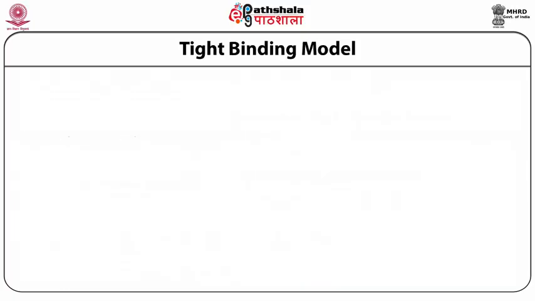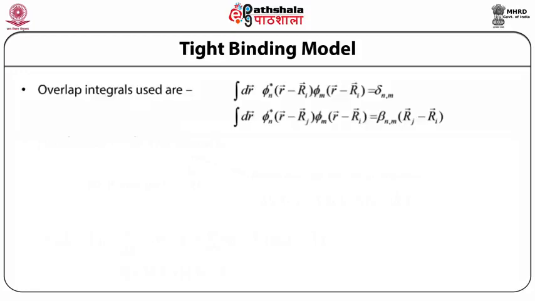Here we use the orthonormality of the atomic wave functions on the same site and define the overlap integrals as below. That is, the integration of φ_n star φ_m over the entire space is equal to δ_nm, and again the integration over the entire space of φ_n star φ_m.